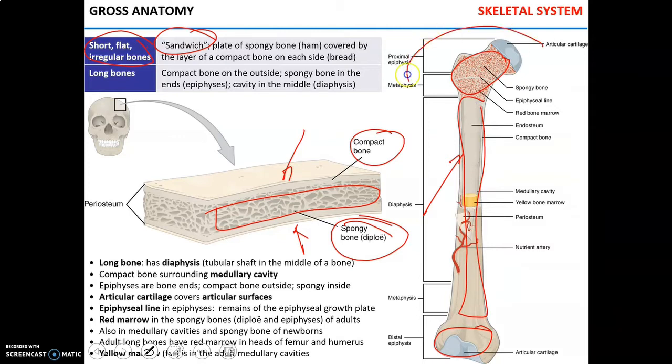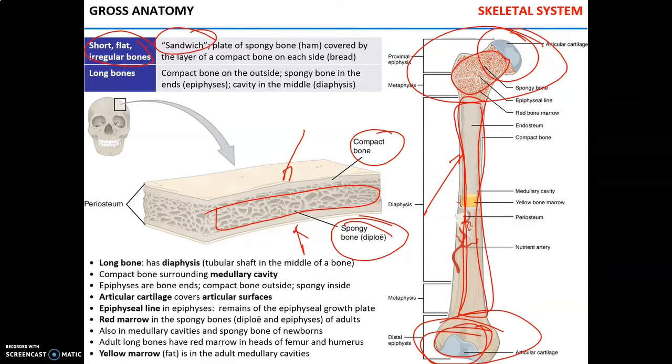So again, this part is epiphysis, epiphysis, that's diaphysis. Now, articular surfaces of the long bone, surfaces that form joints with other bones, are covered by articular cartilage, which is essentially hyaline cartilage.